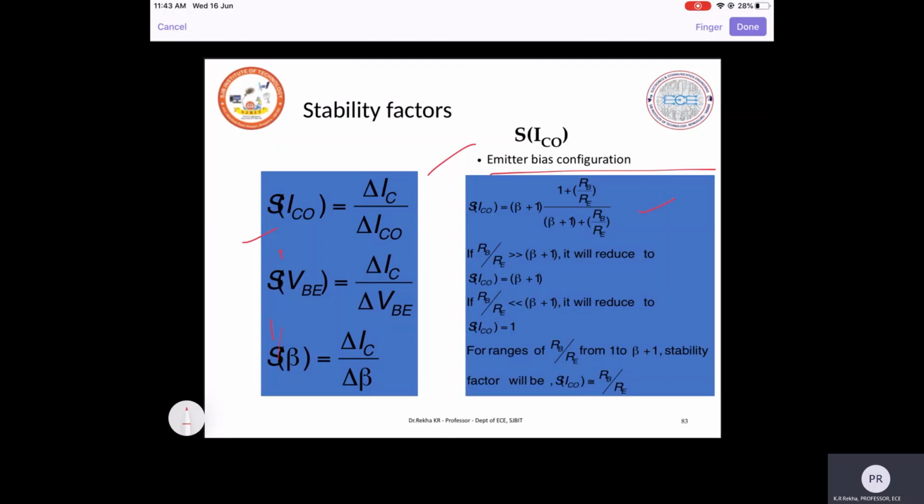S is equal to beta plus 1 into 1 plus RB by RE, divided by beta plus 1 plus RB by RE. If RB by RE is greater than beta plus 1, it will be reduced to S equal to beta plus 1. And for the stability, ICBO is RB by RE. So this is the stability factor of a transistor.